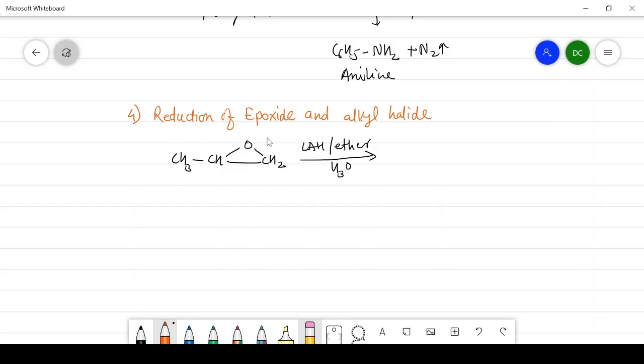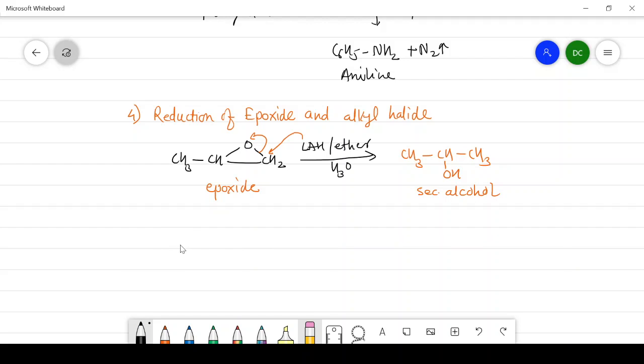This is the epoxide, and on this side there is a methyl group, but here there is only hydrogen. So LAH will attack on this carbon, and this bond will shift here, so that we get CH3, CHOH, and here there is a CH3. So epoxides can be converted into the corresponding alcohol depending upon the structure of the epoxide. Here we are getting a secondary alcohol, that is isopropyl alcohol.